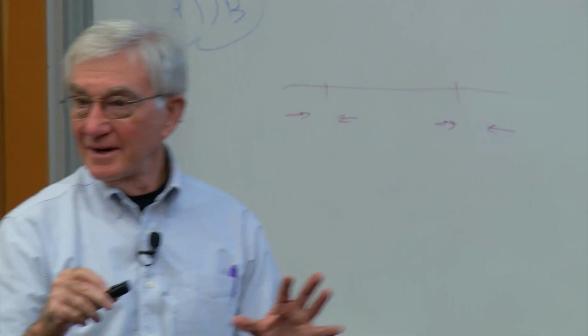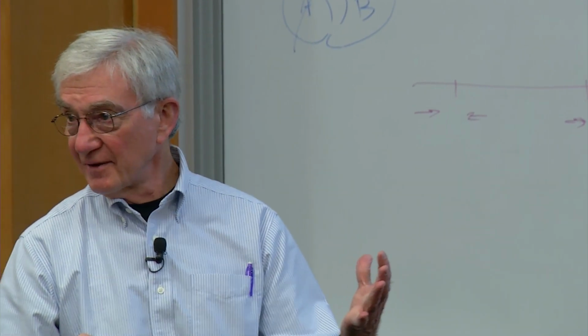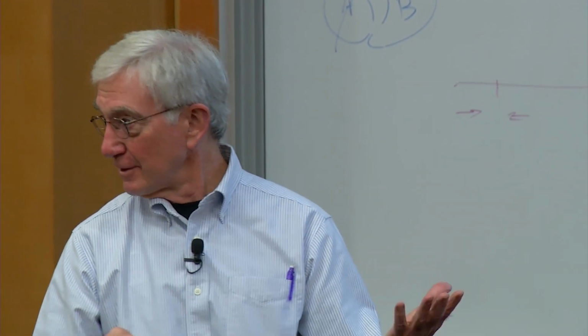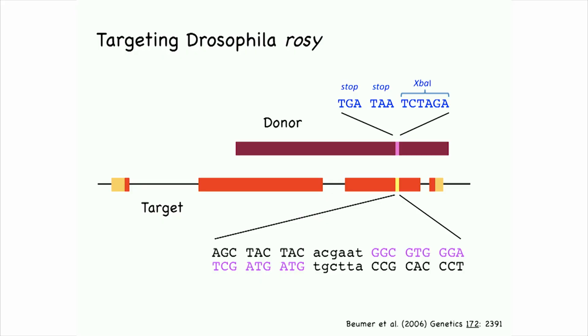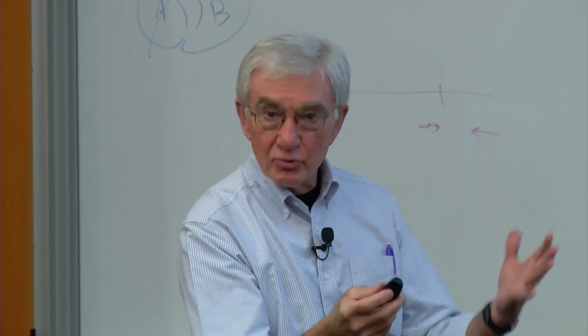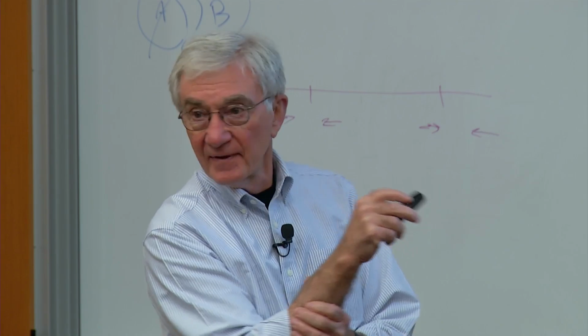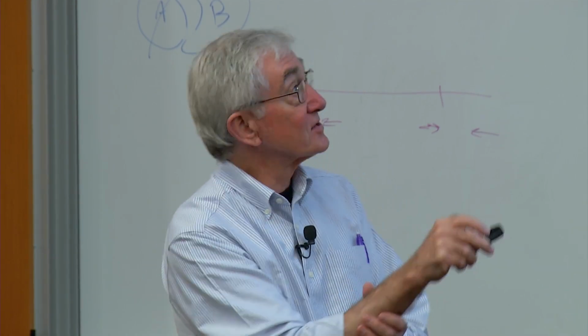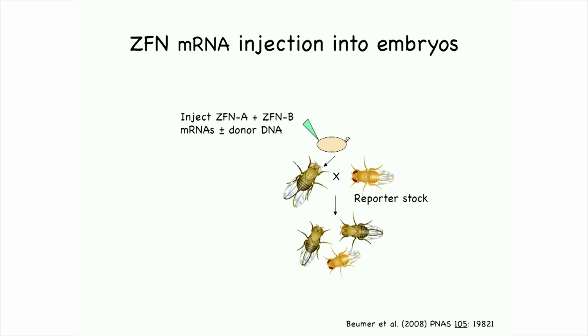I mentioned on Monday that our workhorse in Drosophila has been the rosy locus, where we made a different pair of ZFNs and a donor DNA. Shortly after we began working with rosy, we also had a different method for introducing ZFNs or TALENs or Cas9, and that's direct injection into embryos.